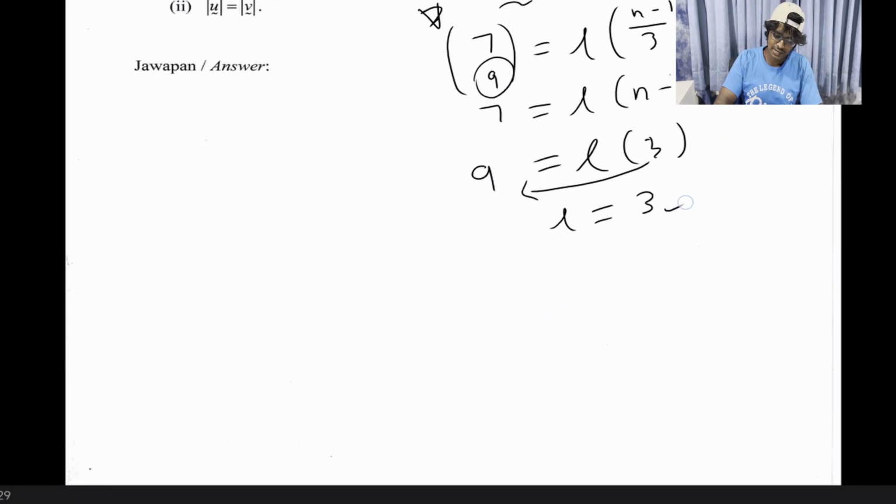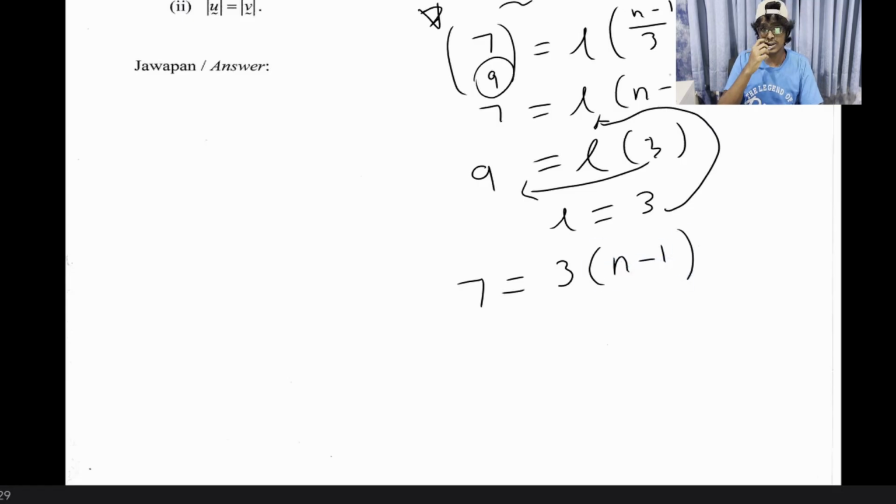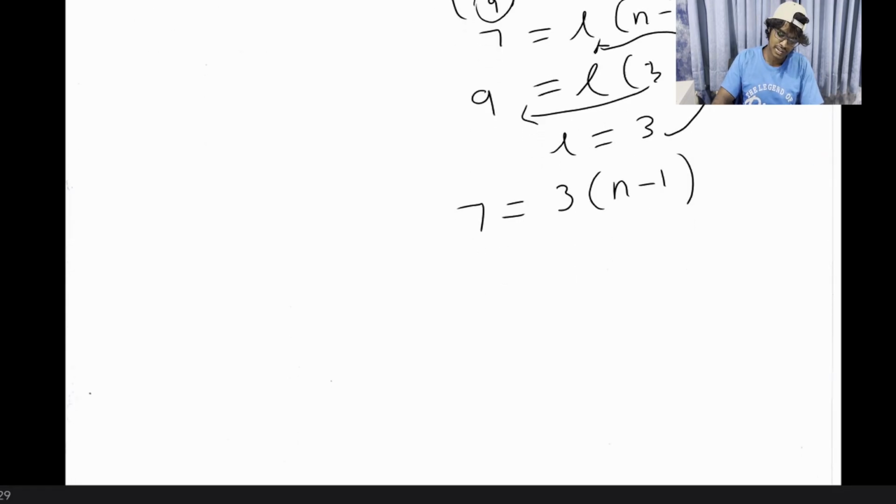We can take this 3 and substitute it into this equation. So 7 equals 3, which is lambda, times (n minus 1). Now we can just take this 3 over here: n minus 1 is 7 over 3.